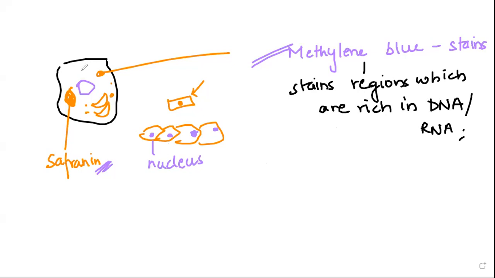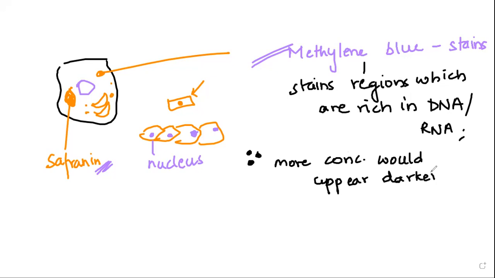You might find DNA, RNA scattered everywhere in your specimen, but wherever there is more concentration, that place would appear darker. So more concentration would appear darker, right? That's what I mean by rich in DNA, RNA, which means if it is concentrated in a region, that area would stain darker. That's what you mean by stains darker, right?